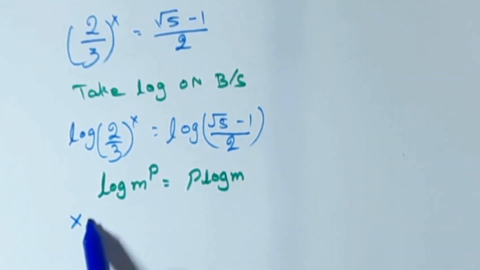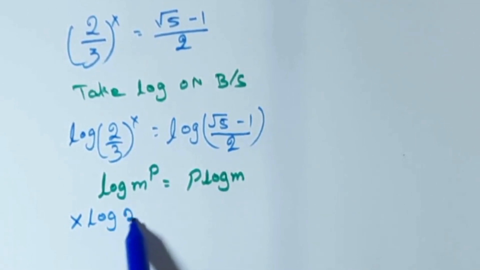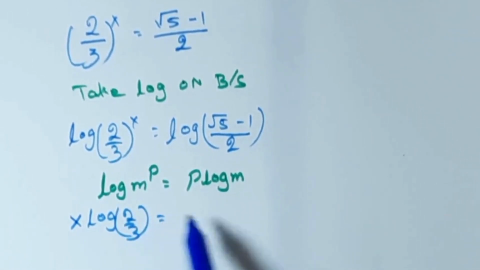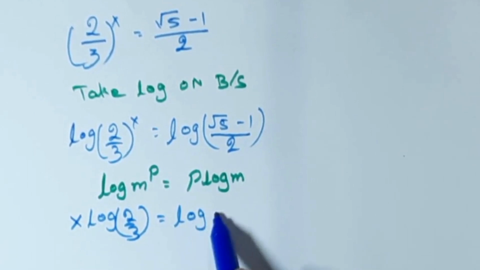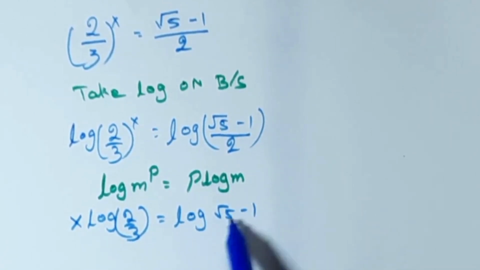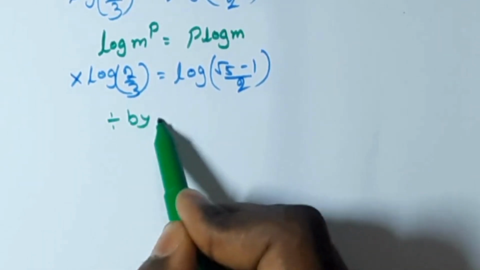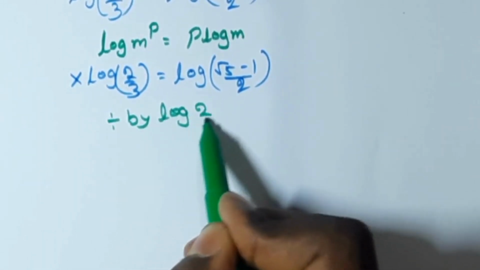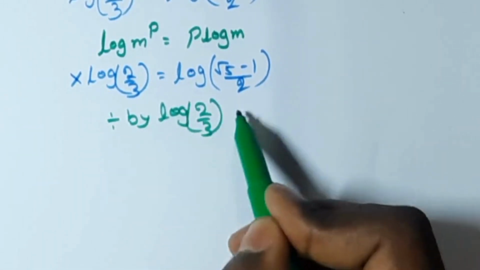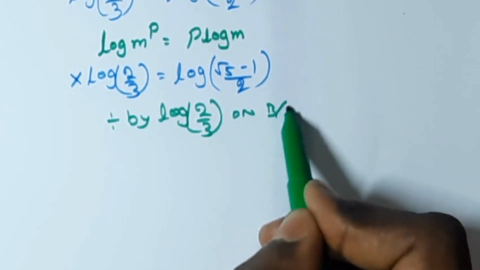So x log 2 by 3 equals log of root of 5 minus 1 by 2. Divide by log 2 by 3 on both sides.